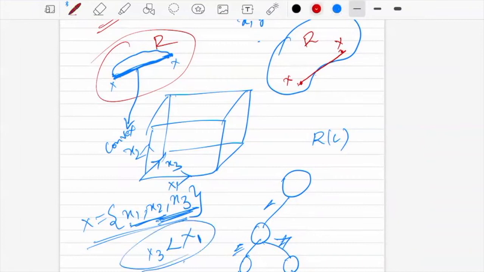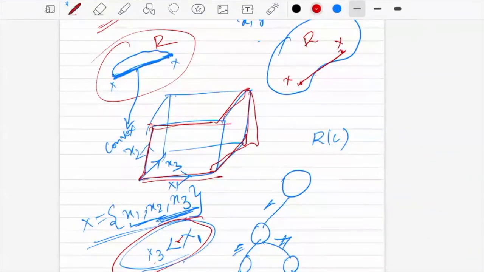So in this case, the front face which we are seeing here comes under the x3 less than x1 region. So if we slice this x3 less than x1 graph, this will be in a convex manner. So somehow they are connected in a convex manner.